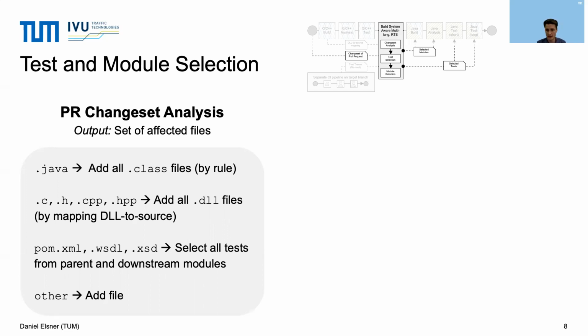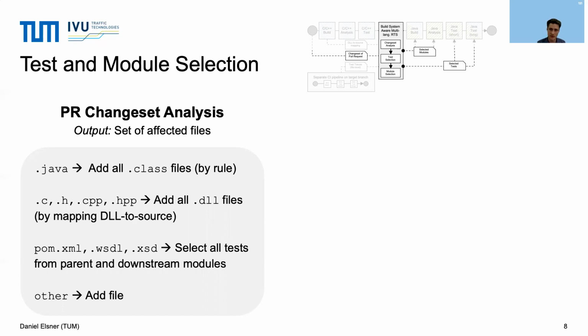For all C-related files, we need to figure out what are the DLLs that are affected by the changes to these C files. And for the POM.XML, WSDL, and XSD files, we need to figure out what are the tests in the parent and the downstream modules of those modules that contain these files, and select those for execution, because potentially all tests could be affected by changes to the POM.XML, the WSDL, or the XSD files.